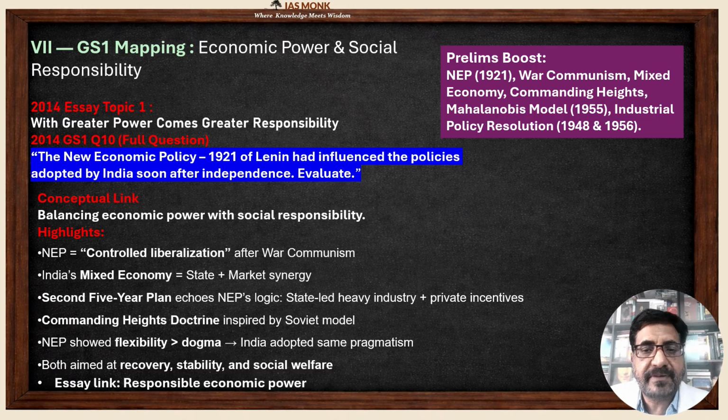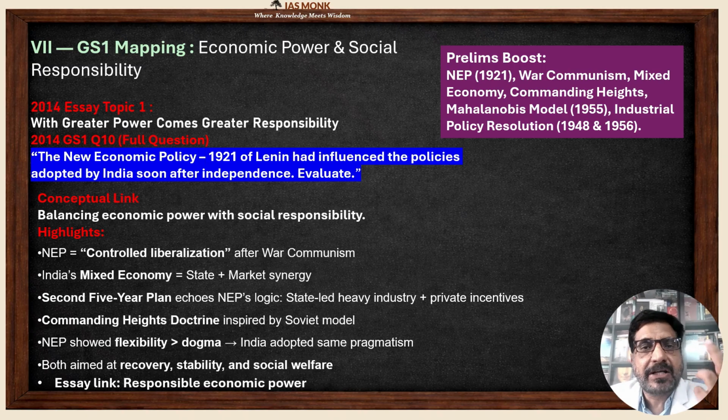So how can we connect this question to our essay topic 1 of 2014? Lenin's NEP, that is the New Economic Policy, balanced state power with economic flexibility. India adopted similar responsible economic policies after independence. So this GS1 question aligns with the essay's idea that power must be exercised with social responsibility.